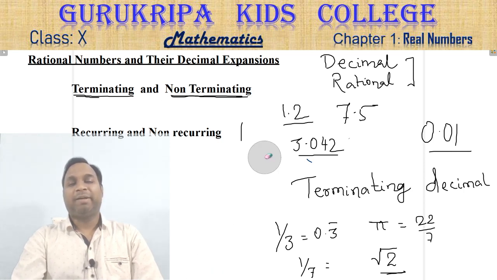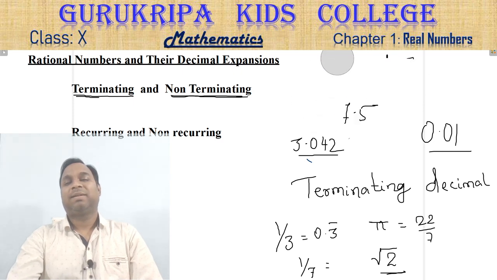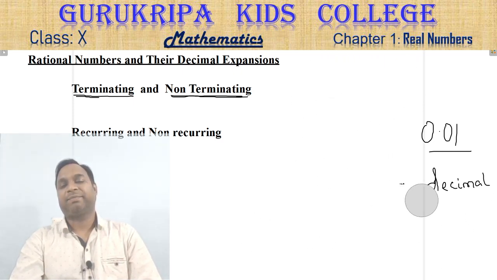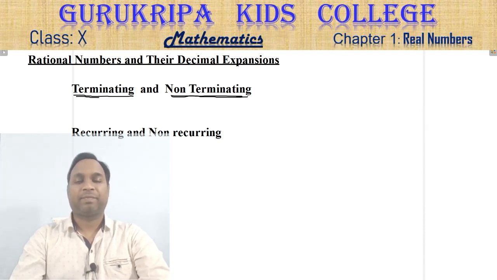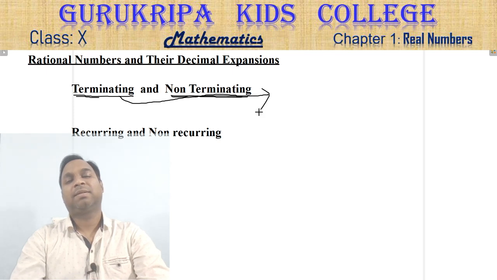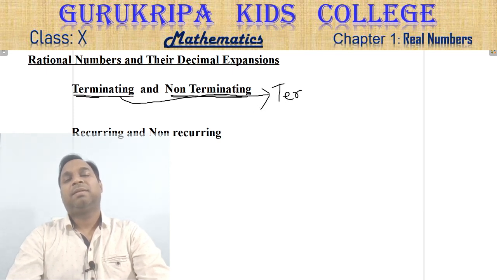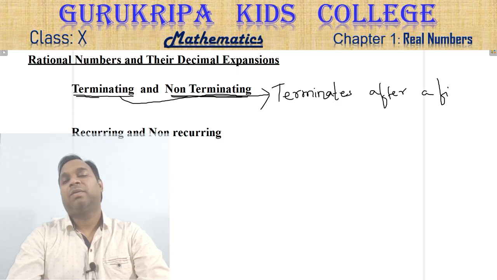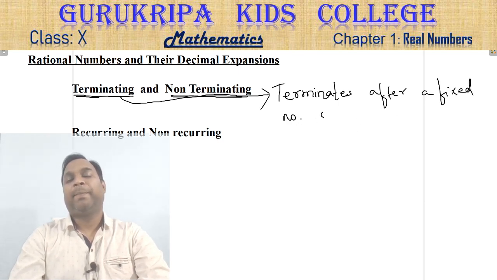So we have two types of numbers, terminating and non-terminating. Terminating numbers stop after some digits after the decimal place. I'll just write it. Terminating decimals terminate or end after a fixed number of digits.